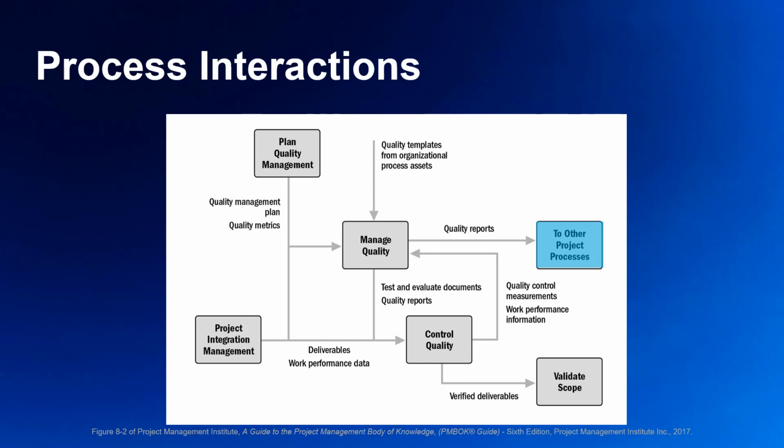At the highest level, we see that project quality management processes use as inputs the deliverables and work performance data, and as outputs we have quality reports and verified deliverables. But how did we get from A to B? How did these inputs become those outputs? We want to explore this a little bit.